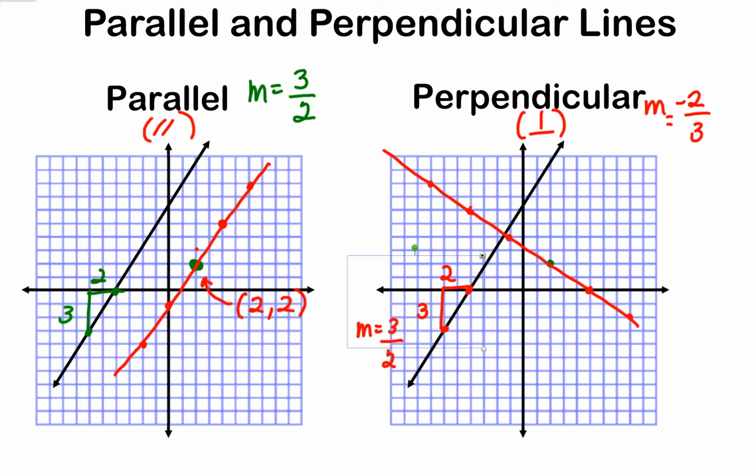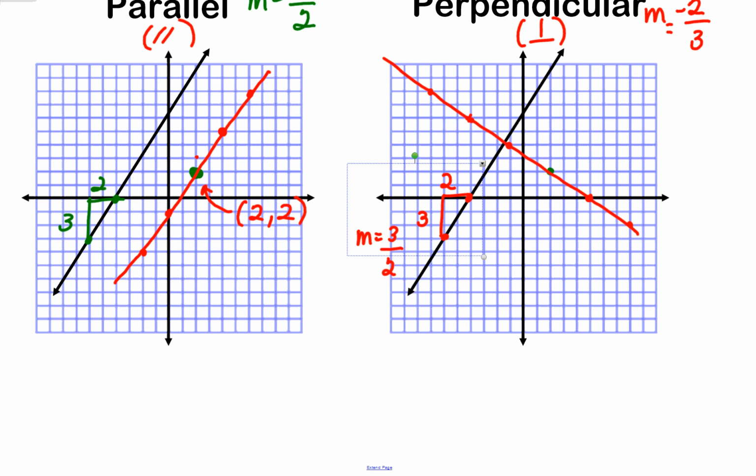Sometimes you'll be asked to actually graph the line like we did here. So you always want to make sure that you find your slope of your original line and then find the appropriate slope to work with. Remember that if you have a line that has an undefined slope, the perpendicular slope to that, and I can put any number, 4/0.